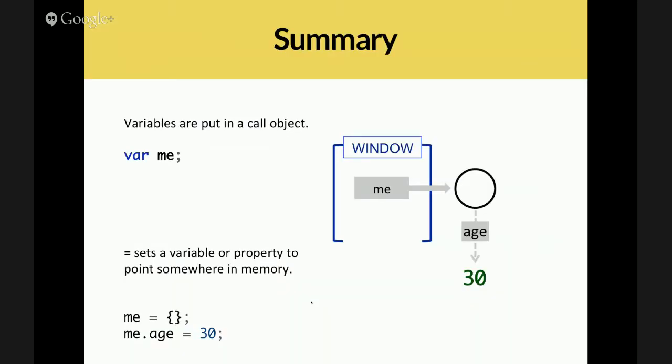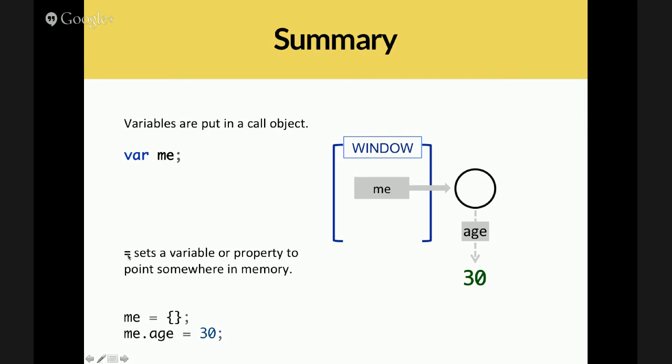So in summary, the things to take away from this lecture is that variables are always stored in a call object. This is going to be really important when we understand how closures and functions work. Whenever you see a variable, you could think of it as there's some kind of container that variable is being put into that contains all the variables.